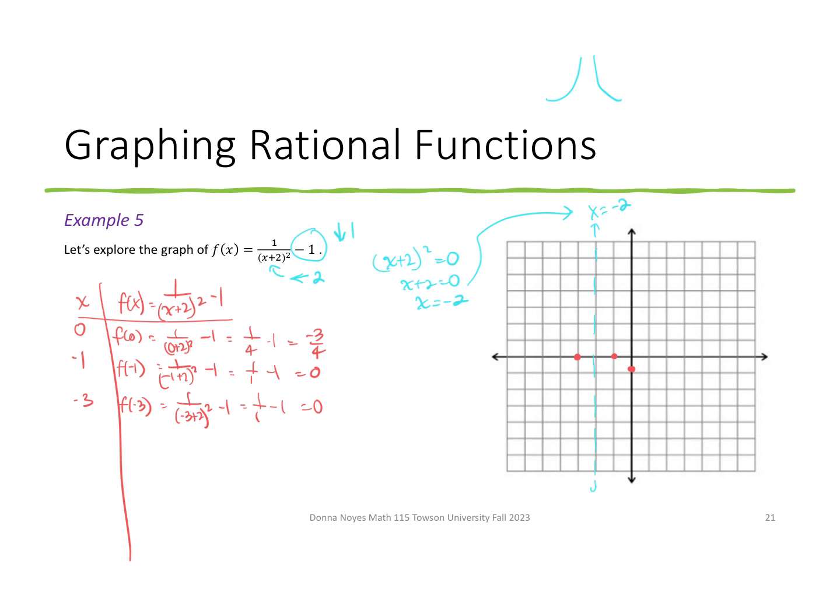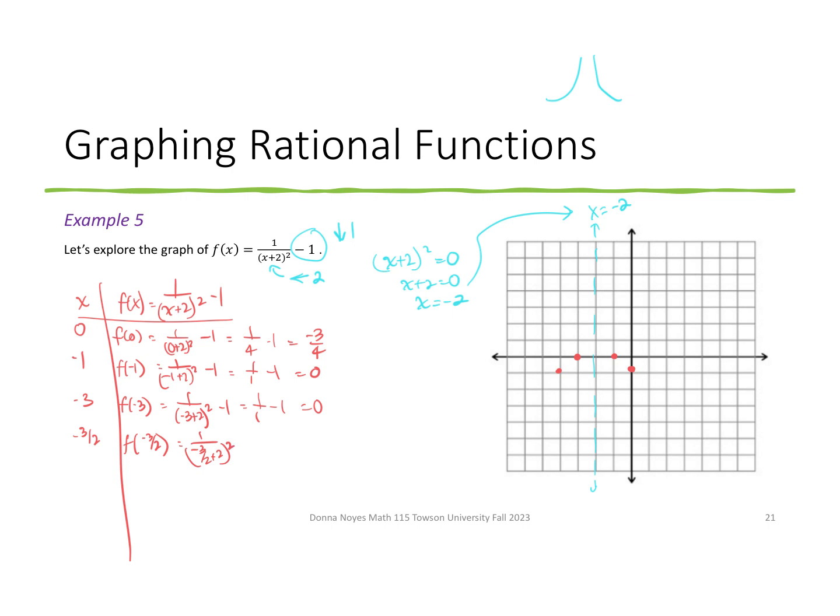And then this one would reflect here. And we would find out that if we did negative 1.5, that would be negative 3 halves. So let's see here, f of negative 3 halves gives us 1 over negative 3 halves plus 2 and square it.